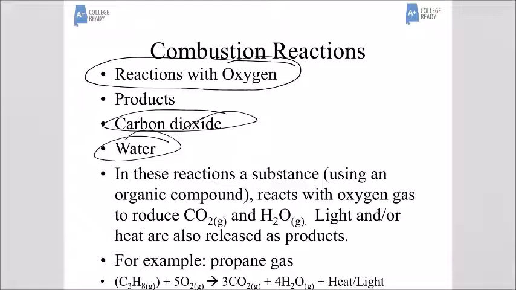For example, here we're reacting propane, C3H8, plus oxygen. Notice our three products are carbon dioxide gas, water vapor, plus heat and light. So in combustion reactions, a carbon-based chemical, a hydrocarbon, reacts with oxygen gas, and it yields carbon dioxide, water vapor, and heat and light. Or heat or light at least.